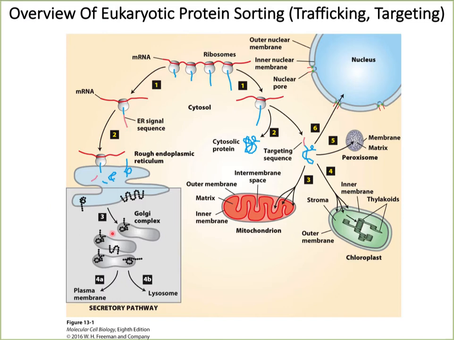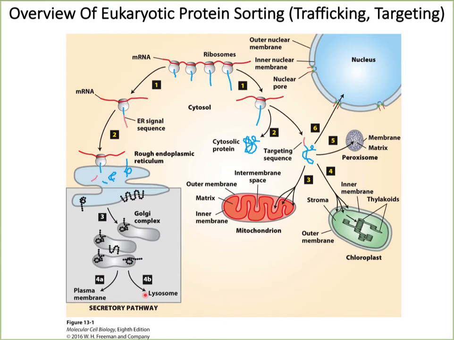Their synthesis begins in the cytosolic free ribosomes, as shown here. But once synthesis begins, these ribosomes bound to the messenger RNA move into the ER, and synthesis is completed in the ER. Once this protein is in the ER, either in the lumen of the ER or in the membrane of the ER, it undergoes a number of post-translational modifications and is then transported to the Golgi apparatus, where it is further modified and finally transported to the final destination, which can be either lysosomes or the plasma membrane.